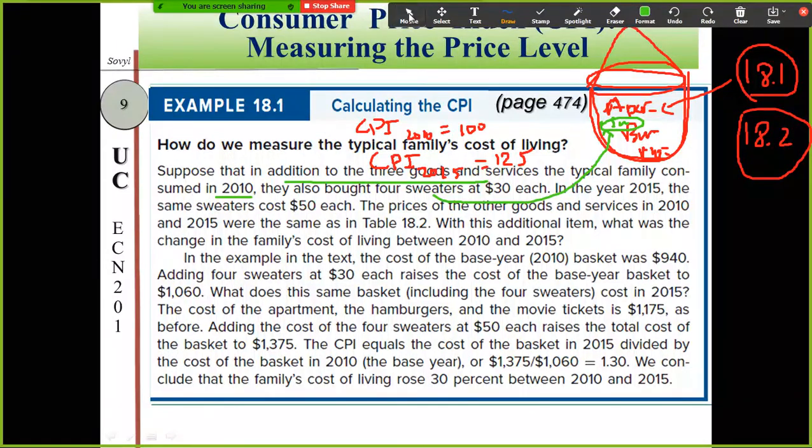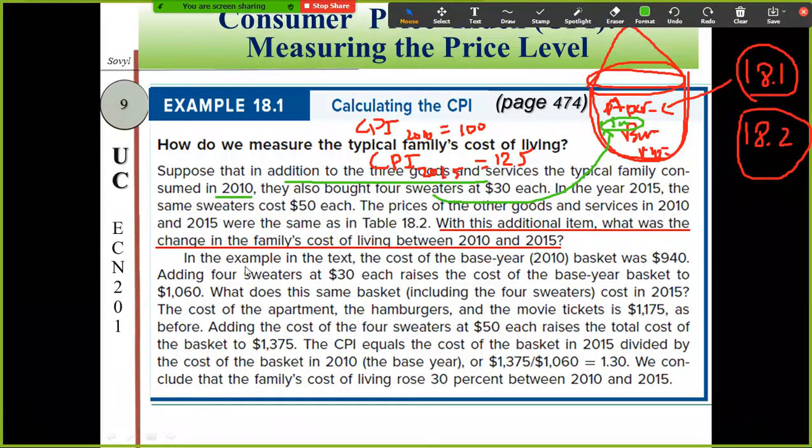So in this case, with this additional item, what was the change in the family's cost of living from 2010 to 2015? In the example in the text, the cost of the base basket is 940. Adding four sweaters at $30 each makes our basket cost in 2010 increase from 940 to $1,060. What about the same basket including four sweaters in 2015?